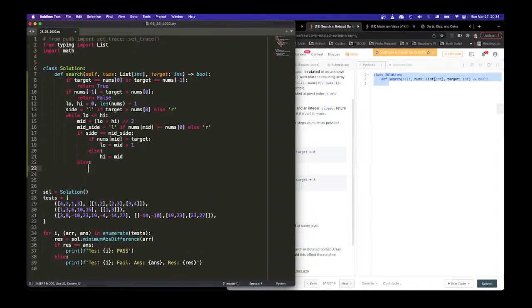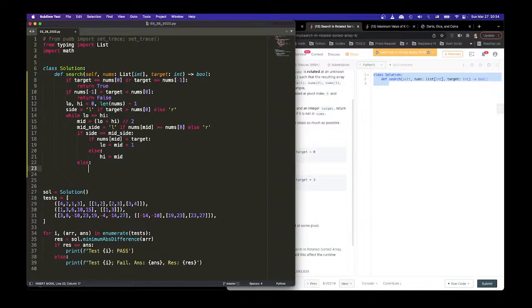Else, if the side and mid side are not the same, okay? So if I'm here, mid is here, right? Then we need to move right. So if mid is at the wrong position, so we can be this and this position, and the mid is on the left, right?